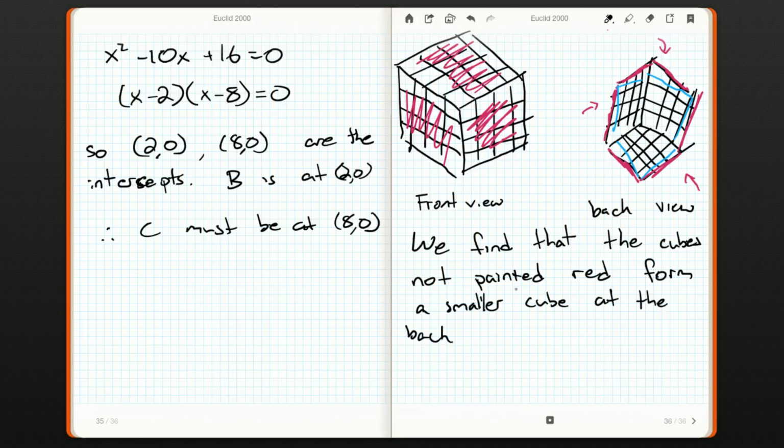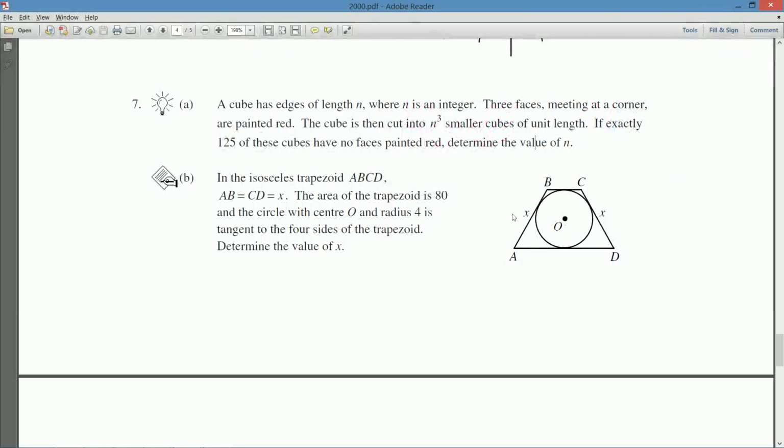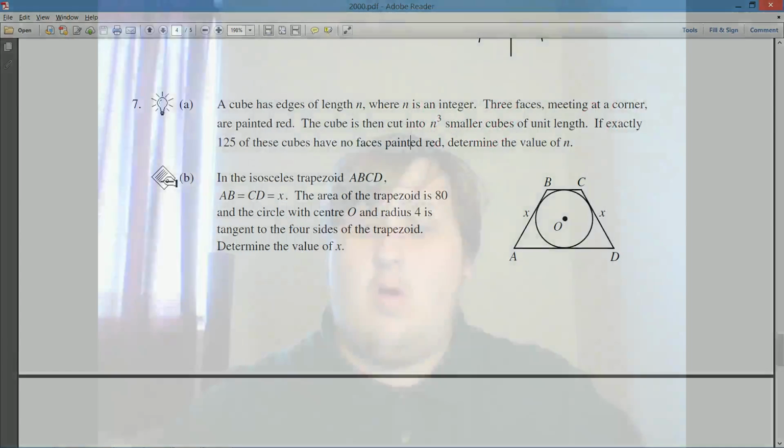And this makes sense to us once we realize it, because we are told that 125 of these cubes have no faces painted red. 125 is a cube. It's 5 cubed, so it's 5 by 5 by 5. So when we realize, just from our visualization, that there's going to be a whole cube tucked in at the back that is not painted red, then suddenly things start matching up.